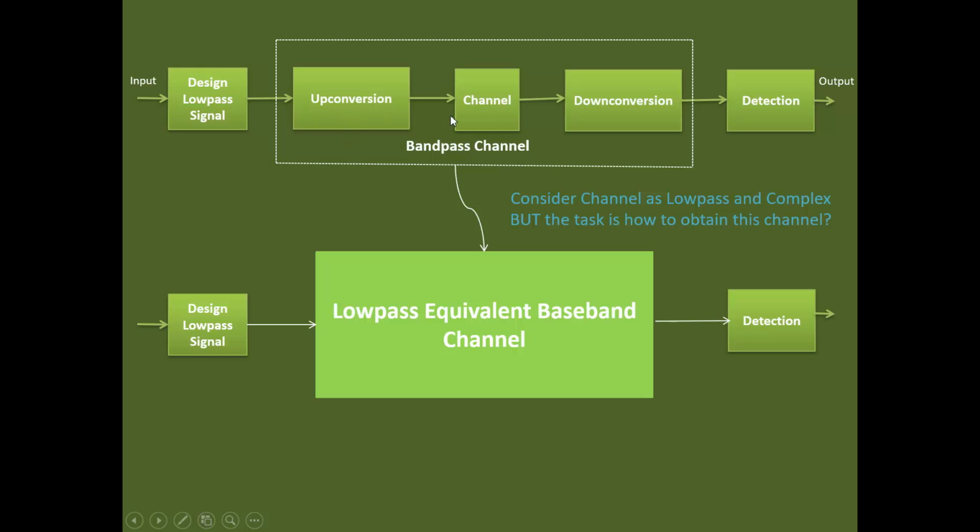So this signal is then transmitted to the channel, and at the receiver side you have to perform the down conversion, because once a high frequency signal is received at the receiver, it is very difficult to design electronics which have to deal with high frequency signals.